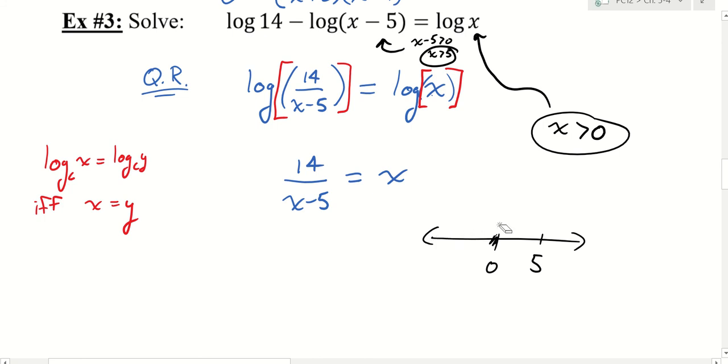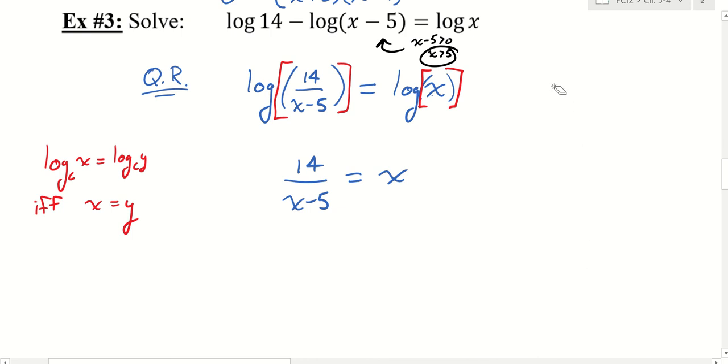And if we look at this restriction, x must be greater than 5, it cuts off all of these values. So clearly this is more restrictive, right? It cuts off values here that the x is greater than 0 restriction doesn't even cut off. So we always take the restriction that is most restrictive out of the two options. So let's keep track of that restriction on the side there. x must be greater than 5.